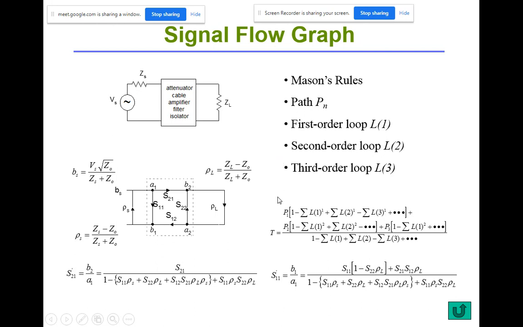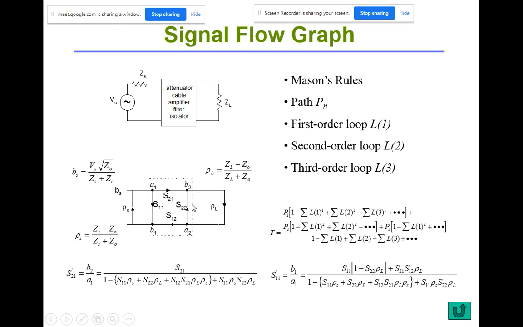And then the second order loop is the product of two loop gains. Let's say you have this loop, you have one loop gain. Here you have another loop, another loop gain.